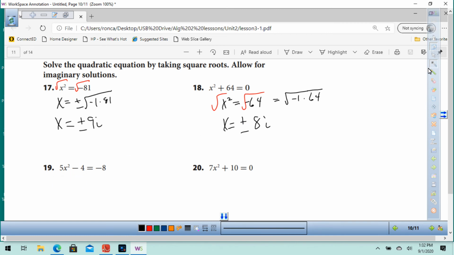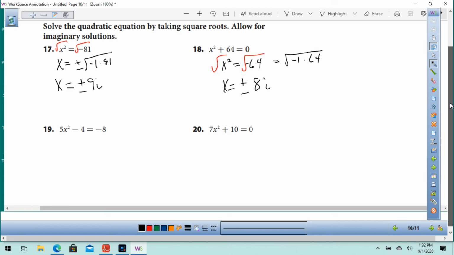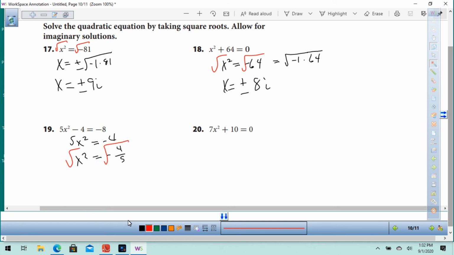Let's go over here to number 19. Let's add 4 to both sides. And we got 5x squared equals negative 4. Divide both sides by 5. We got x squared equals negative 4 over 5. Let's take the square root of both sides. And we have x equals plus or minus the square root of negative 1 times 4 over the square root of 5.